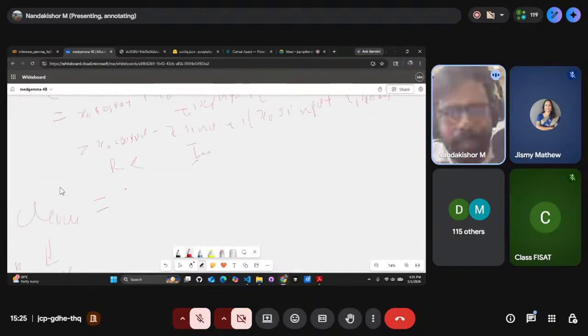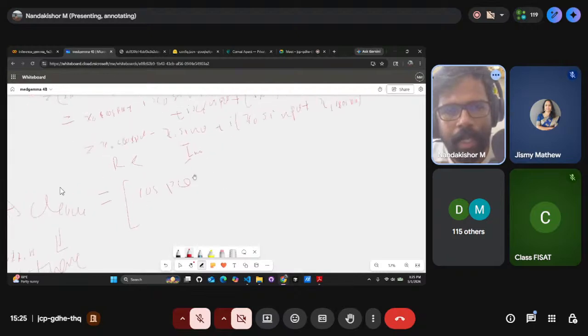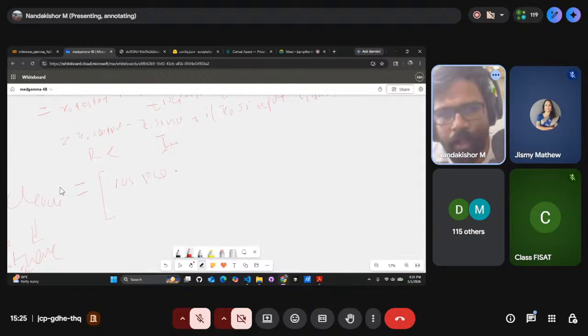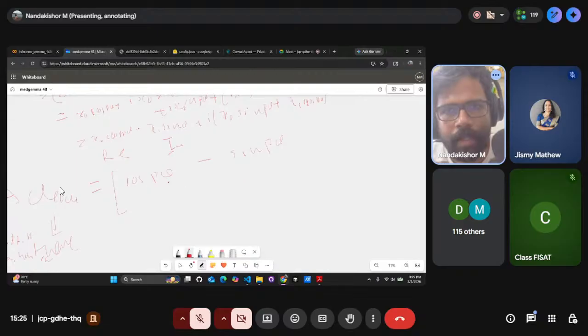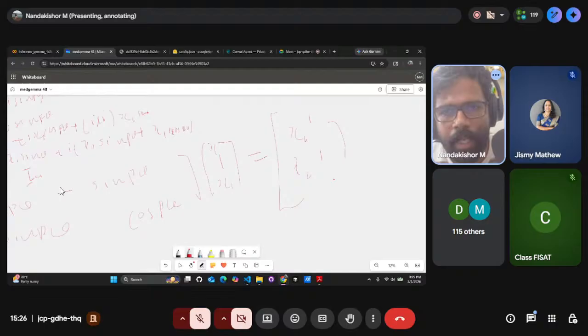Which can be represented as the matrix with cos p theta, minus sin p theta, then sin p theta, cos p theta, multiplied by x0, x1, which gives x0 rotated, x1 rotated, that is x0 dash, x1 dash. Again, the final equation is something like this.